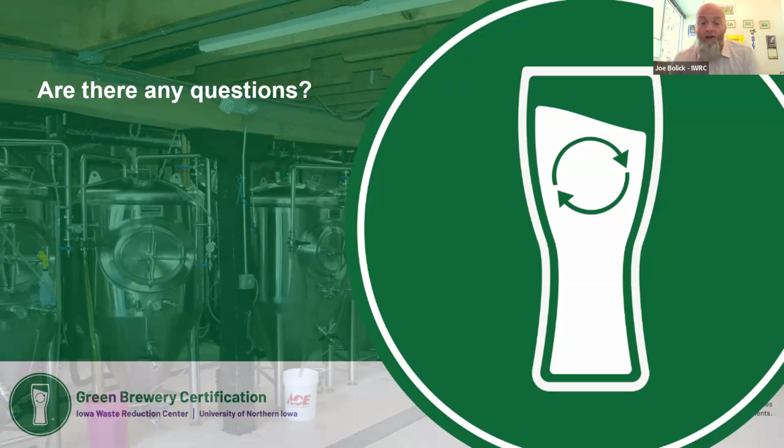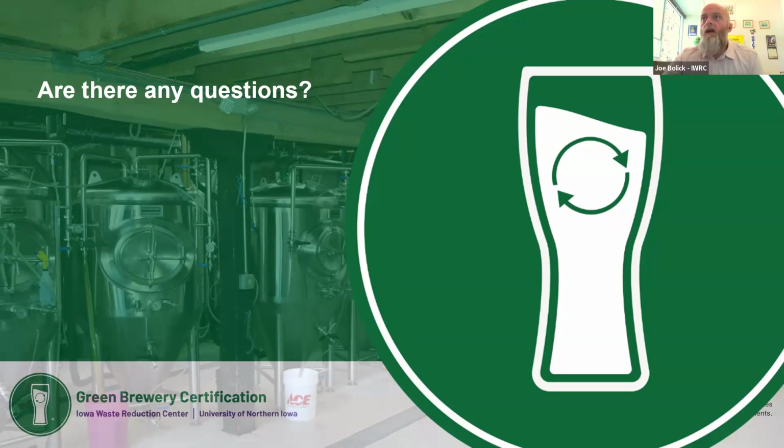That's a very unique way that we don't see a lot of breweries doing, but it's a way that a smaller brewery can capture and reuse carbon dioxide in the process.